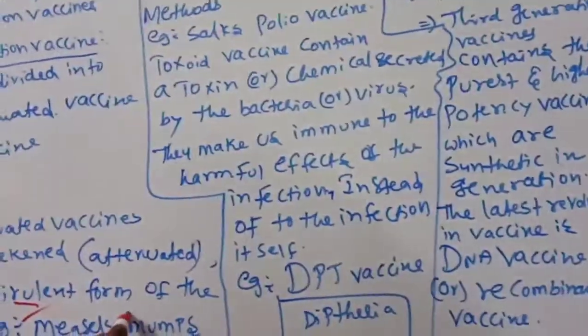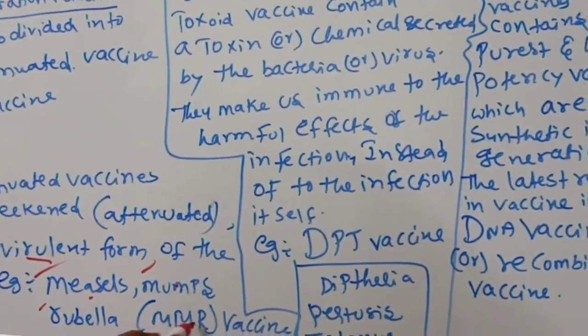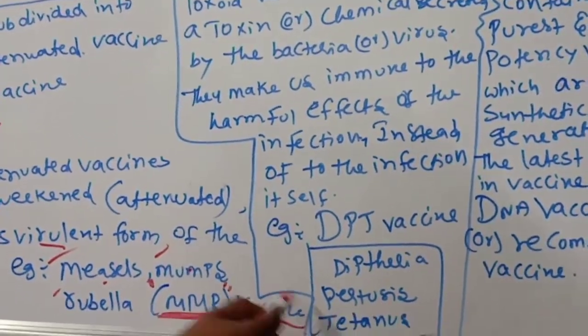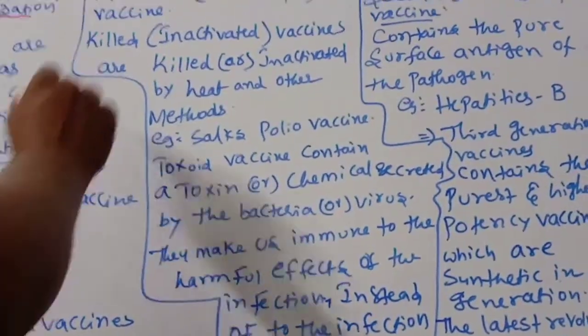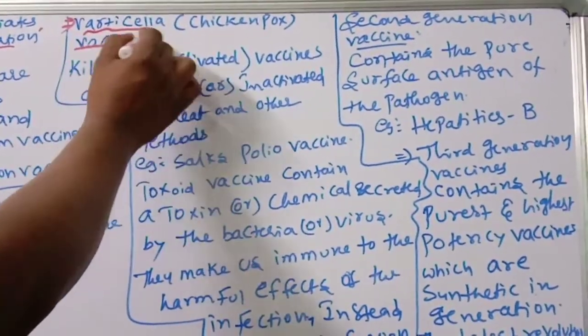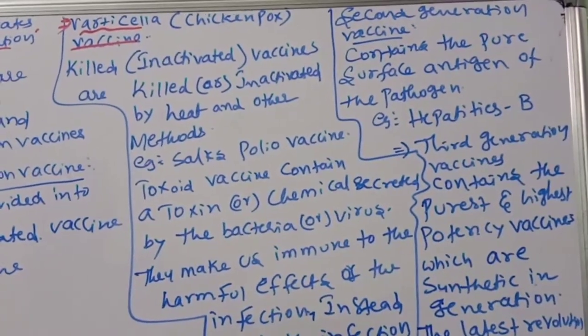Examples: measles, mumps, rubella. That measles, mumps, rubella are called MMR vaccine. Varicella, or chicken pox vaccine, is also a best example for live attenuated vaccines.